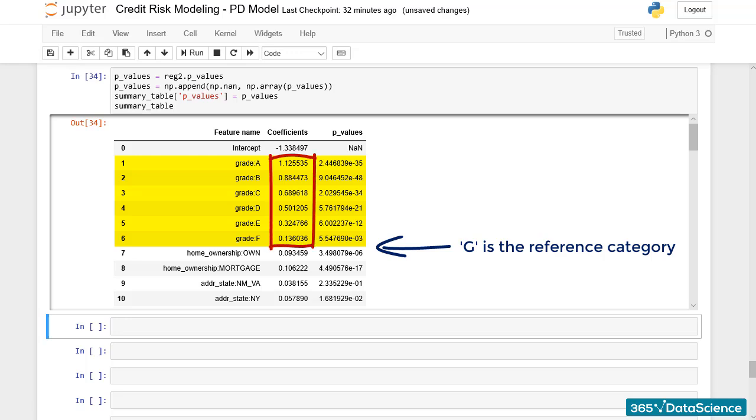In fact, we got all positive coefficients for the dummy variables we included in the model, from A to F. That means observations with these values are all better than observations with a rating of G. Furthermore, we can see here that going from F to A, the coefficients are increasing in magnitude. In other words, the odds of being good are increasing as the external rating is increasing. And that's just how it's supposed to be.